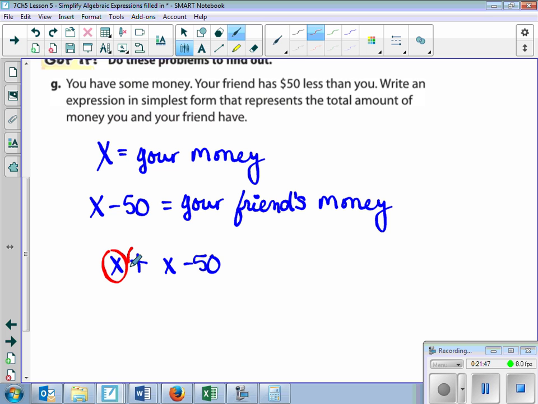So here we have an x and a positive x. So that's going to give me 2x. And then we just have to put the rest of it onto the expression. So 2x minus 50 is the expression that represents how much money you and your friend have in total.